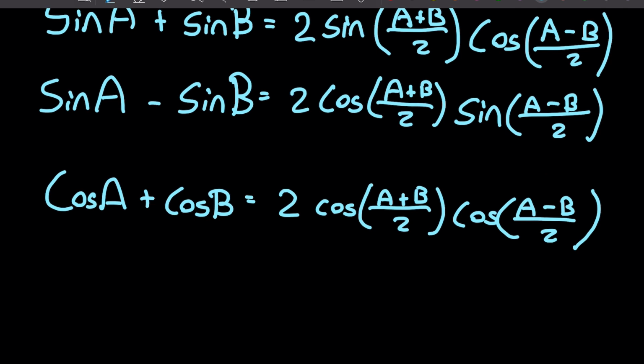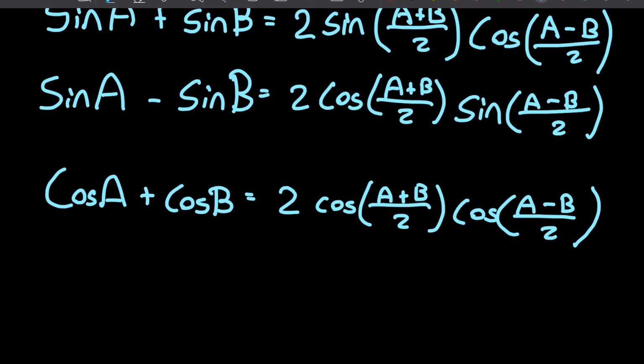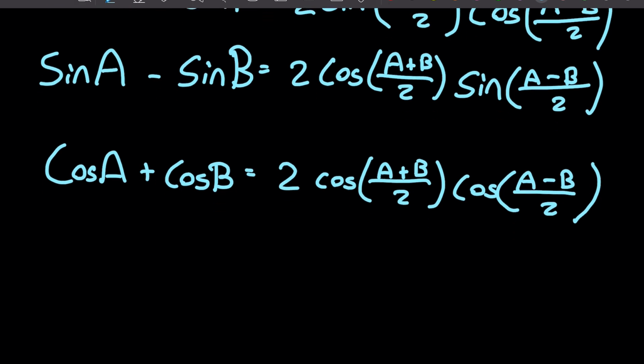And that is one of the formulas for cosine. If you ever see cos A plus cos B, where A and B could be anything, like cos 7 theta plus cos 3 theta, you could automatically transform this into a product by using this formula.